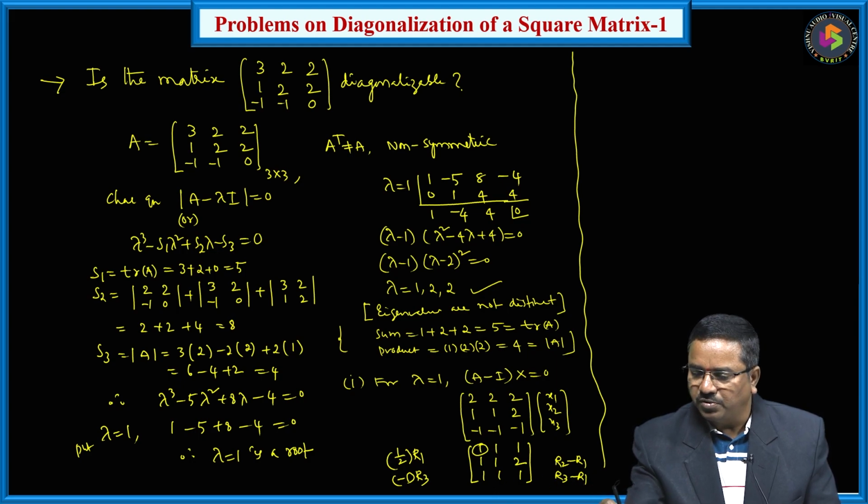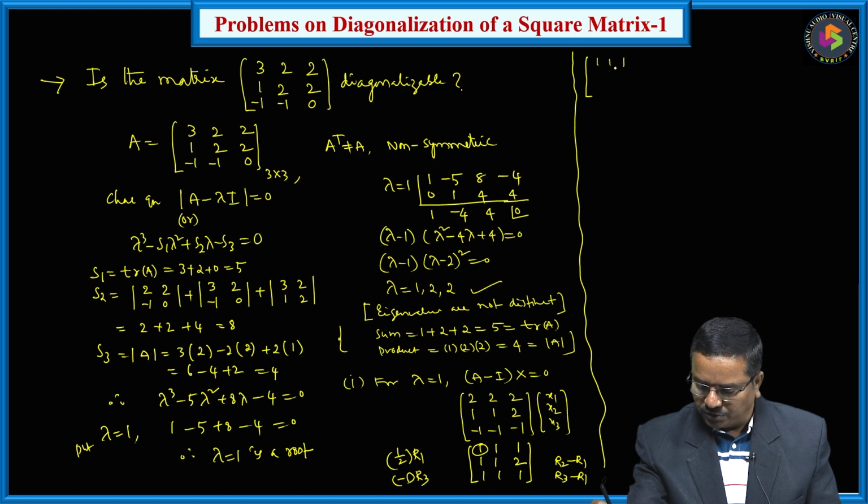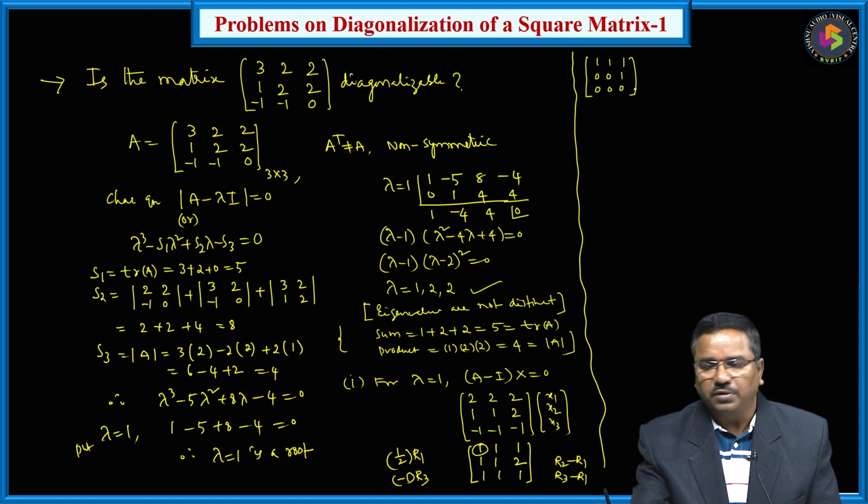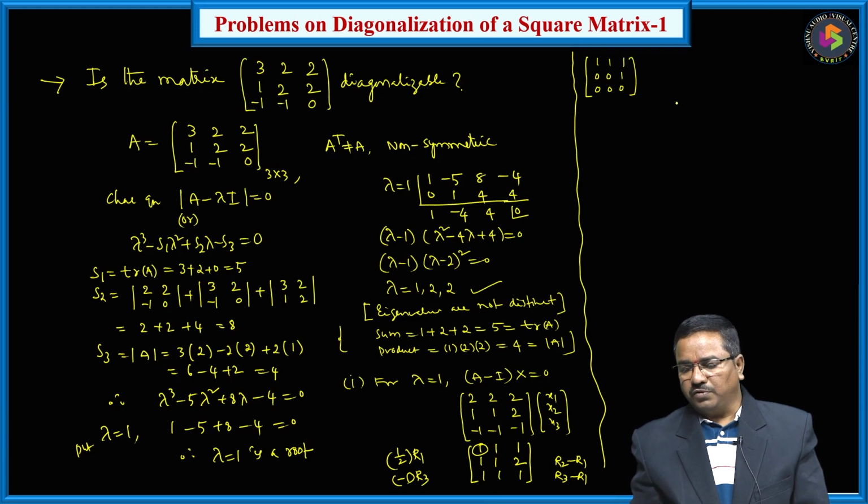So, R1 is the same. Now this one is 1, 1, 1, 0, 0, 1, 0, 0. Now, we cannot reduce furthermore, we reached the echelon form.